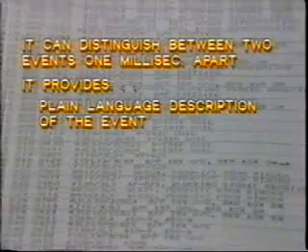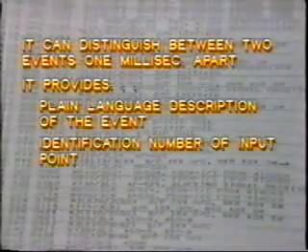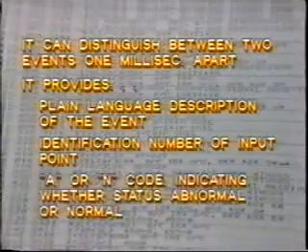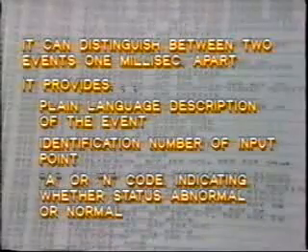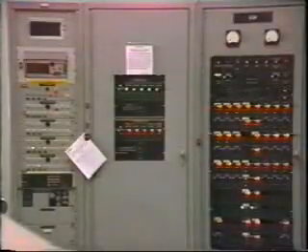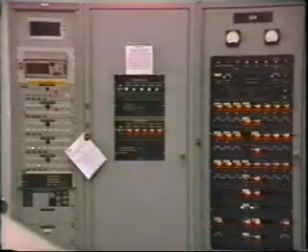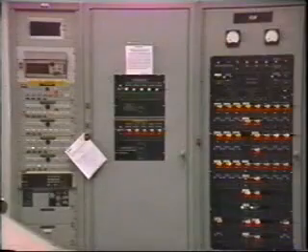It provides a plain language description of the event, the identification number of the input point, and an A or N code indicating whether the status of the device became abnormal or normal. In some installations, instead of a specific SER, the status is monitored by telemetering, that is, the SCADA system.